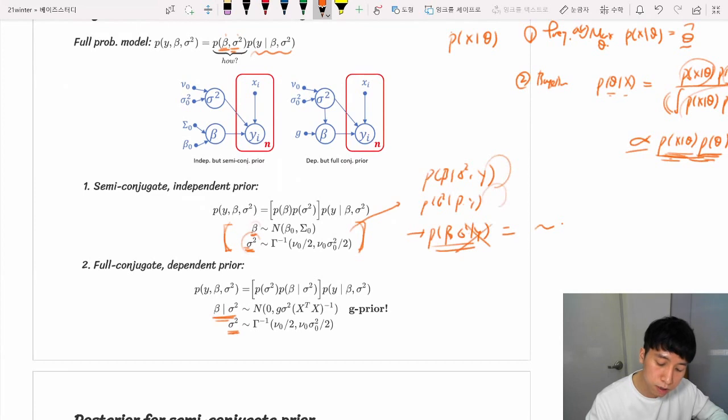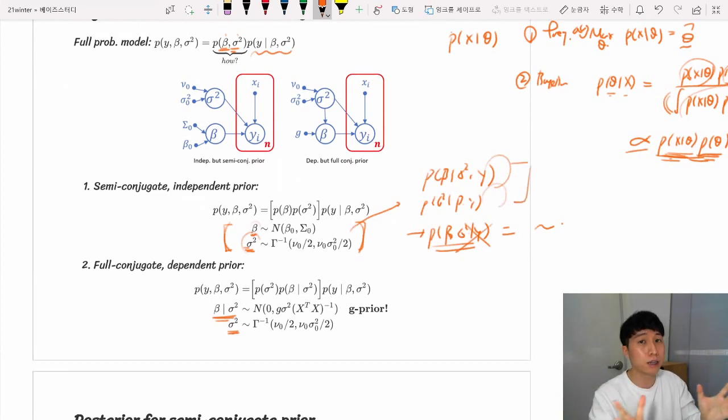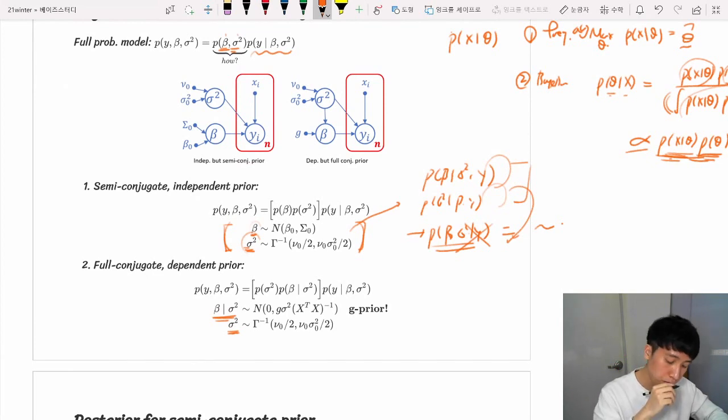Because all the full conditional posteriors are available, you can use Gibbs sampling to sample from this posterior, right? I'm going to cover that, and talk more about this topic later on. Okay.